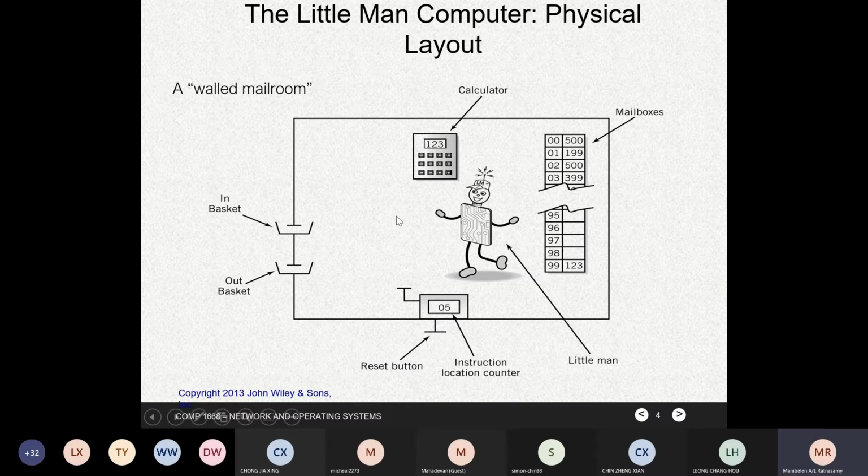And because he can't remember everything, since the number can be very large, it can be 400 mailboxes, 500, or even less or more, you have a register here, a simple tool for him to keep count. For example, what is the current job?